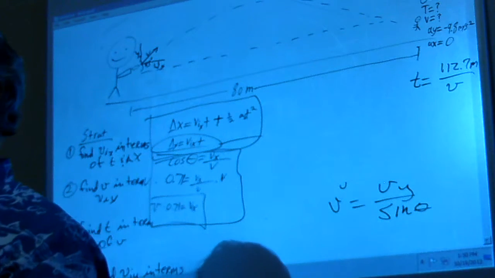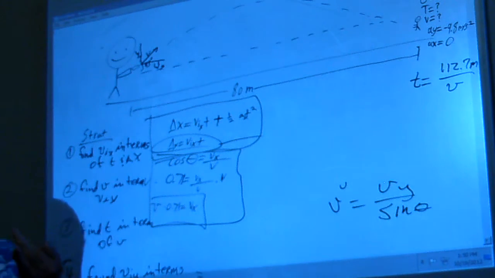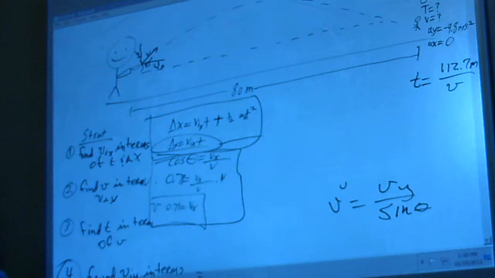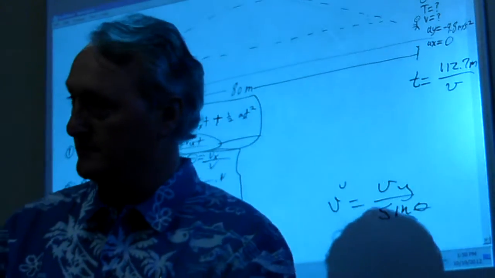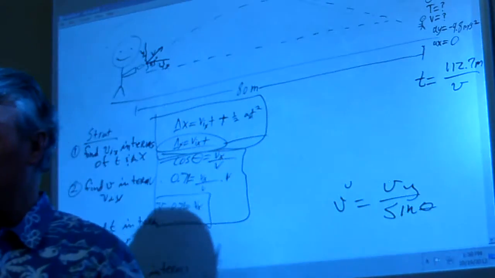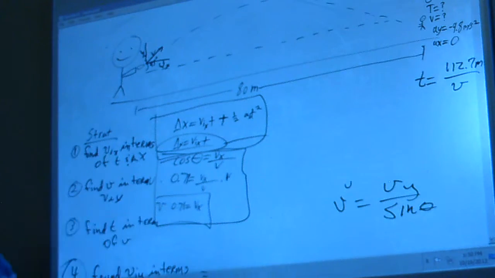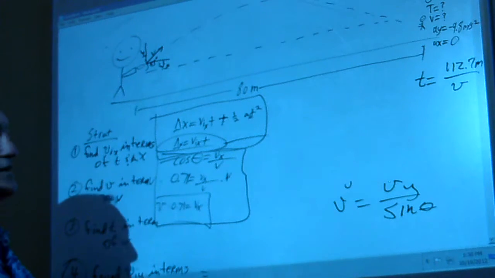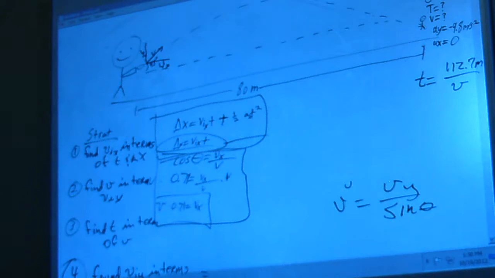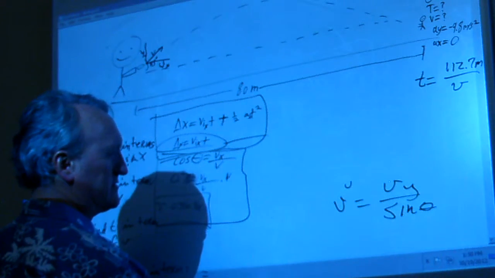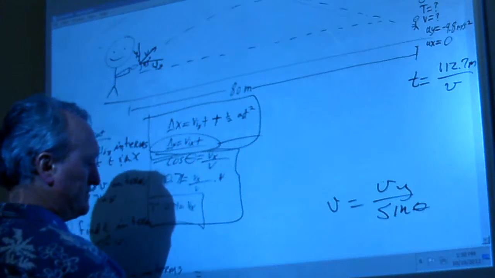Do we have time? In terms of the problem, we have time, we have velocity, we have displacement. We have acceleration. So what equation are we going to use to describe the motion if we have all those things involved? Delta y equals Viy t plus 1/2 ay t squared.